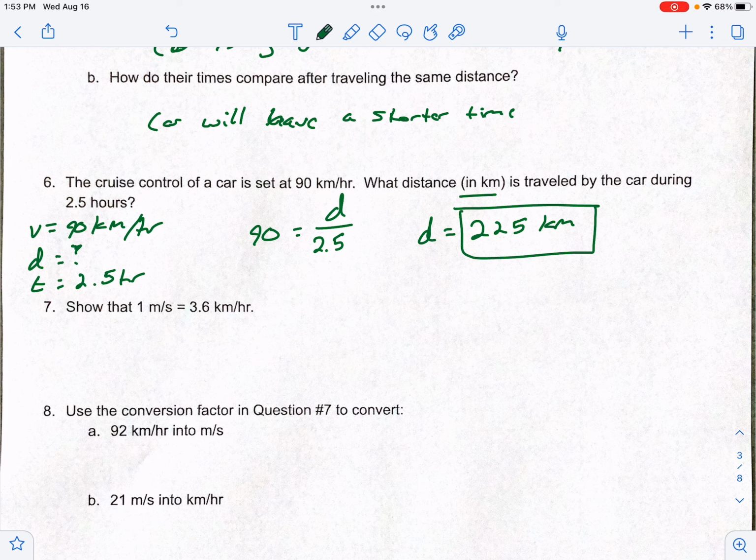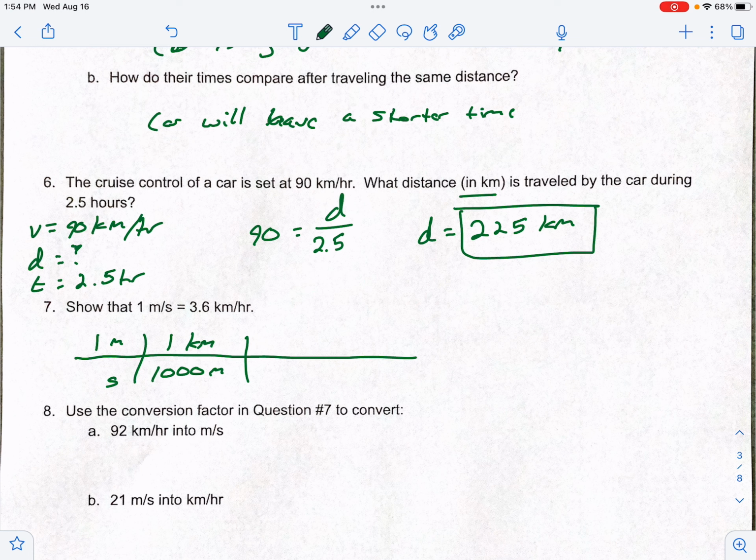Number 7, this is mostly to show you how we got that 3.6 number. If I have 1 meter per second and I'm going to kilometers per hour, we know that 1,000 meters equals 1 kilometer, so that converts that.